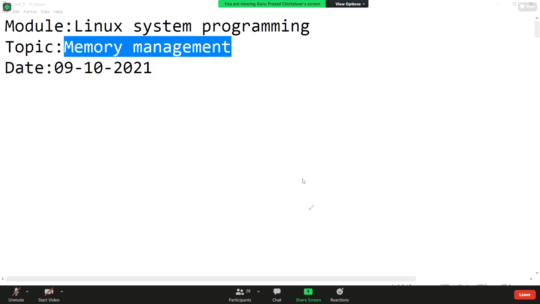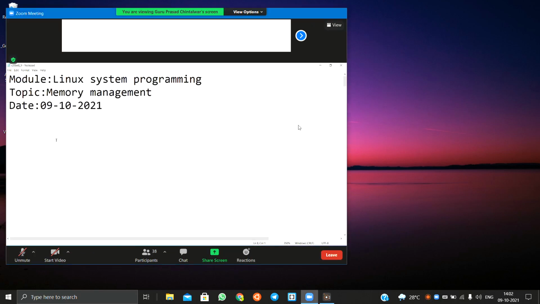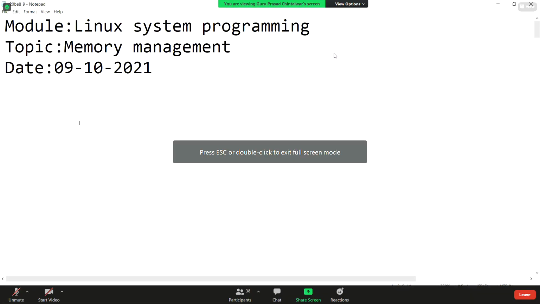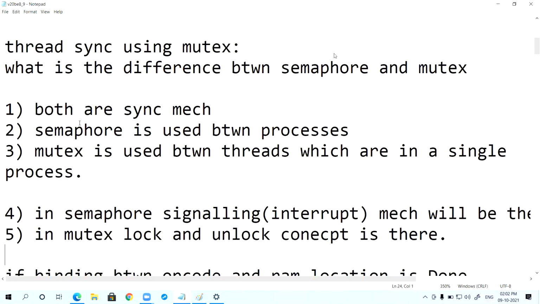If you see what was discussed in the last session, we were trying to understand semaphores.